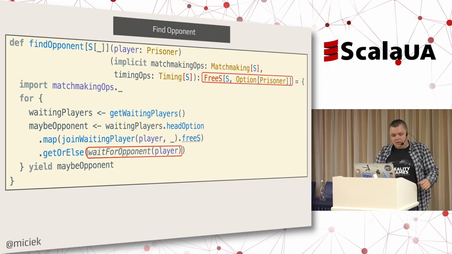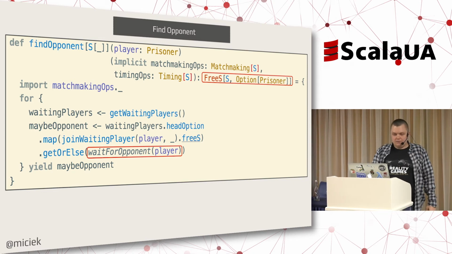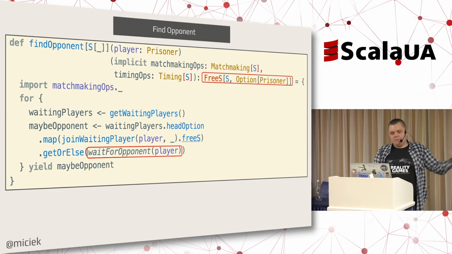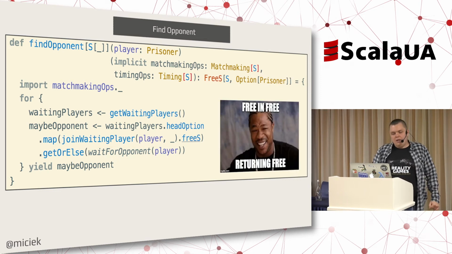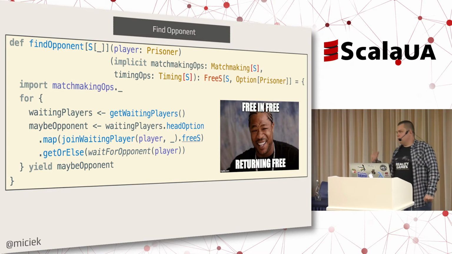In this case, again, a program that fits on one slide. This is a program for finding an opponent. It needs matchmaking ops and timing ops, waiting for players. Then when some players have been found, we get the first one and join the player, and if not, we try to wait for another opponent.